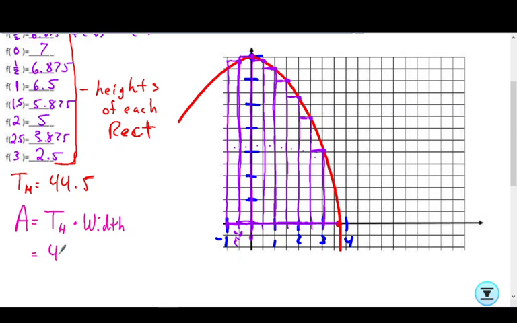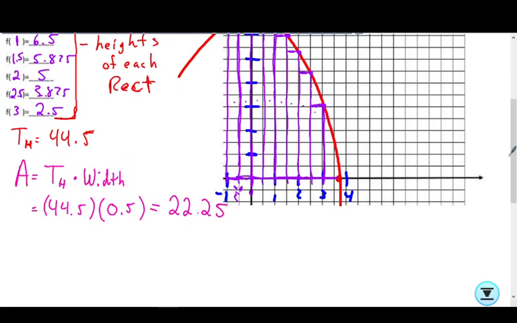So it's 44.5 times the width, which is 0.5, which gives me a total approximate area of 22.25. So that is an approximation of the area under this curve, and that's what we're looking for.